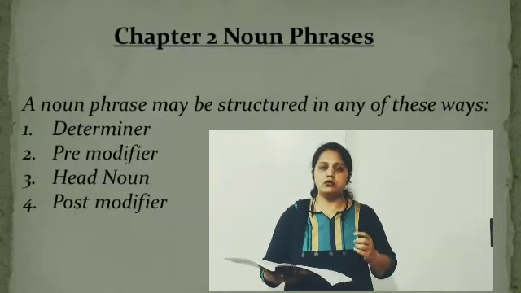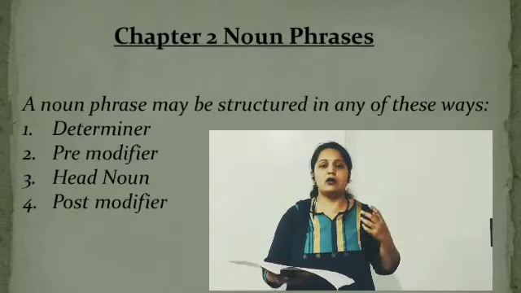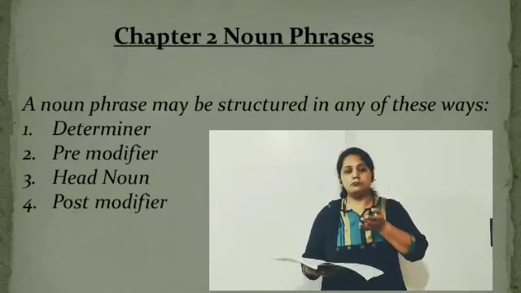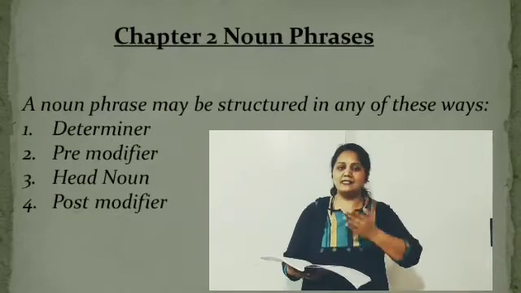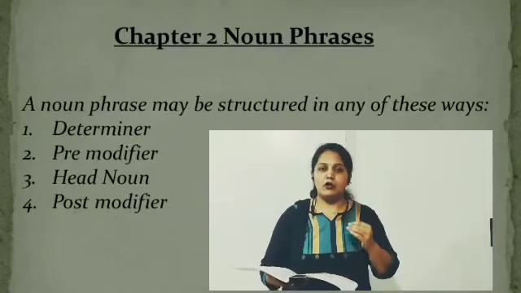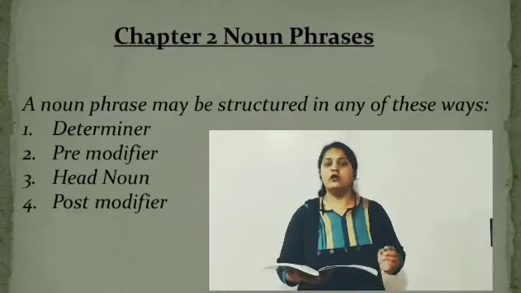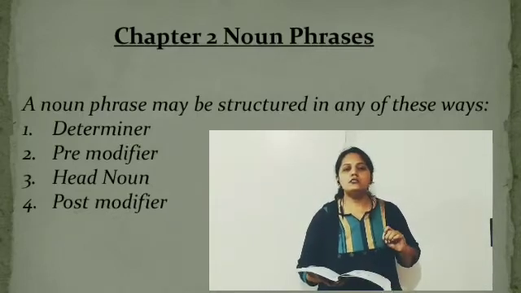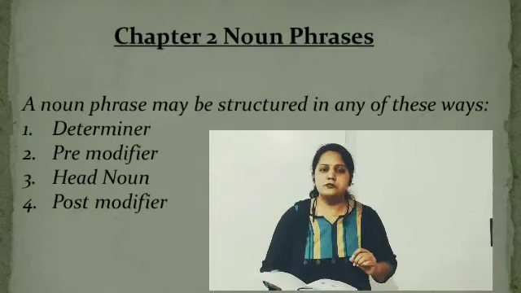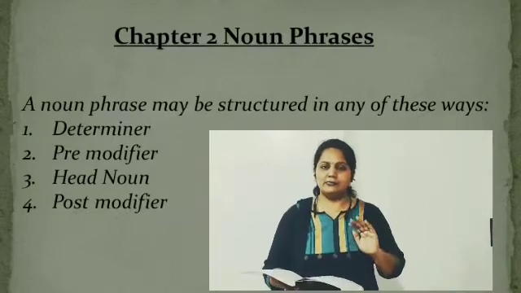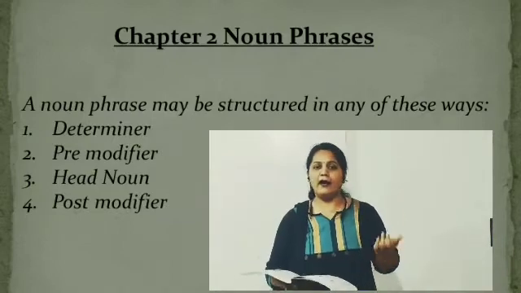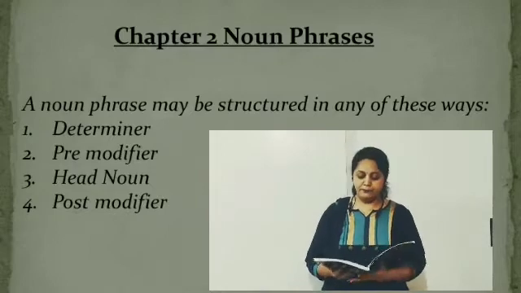Which people? Those who live in our colony. So those people are being described as living in our colony. That is placed after the head noun, so it is called a post-modifier. I hope this point is clear, what is a pre-modifier and what is a post-modifier.